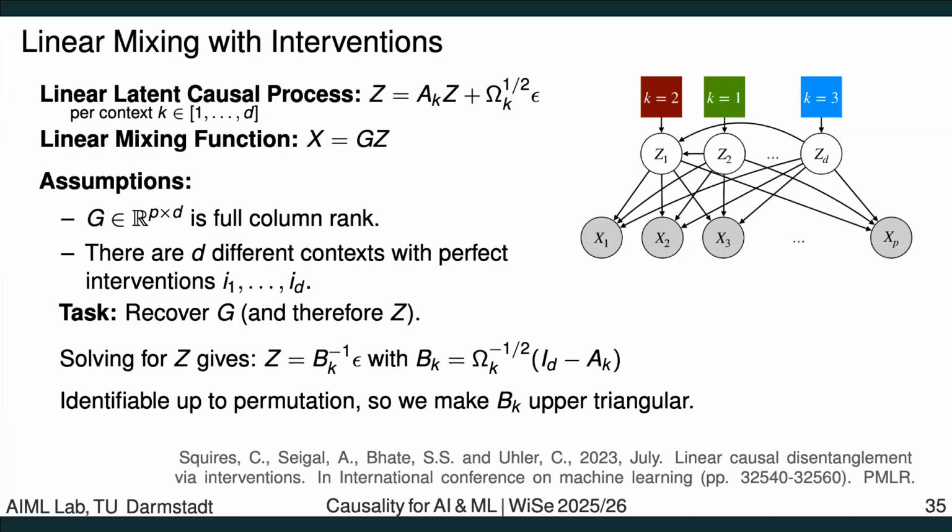Usually, as you might have seen before, for this latent process Z, it's this equality where I have my transition matrix A times the vector Z plus some sort of noise. Here it's parameterized in a sense where, if I solve for Z, so I want to compute it from my noise, I get this parameterization, which might look a bit strange.